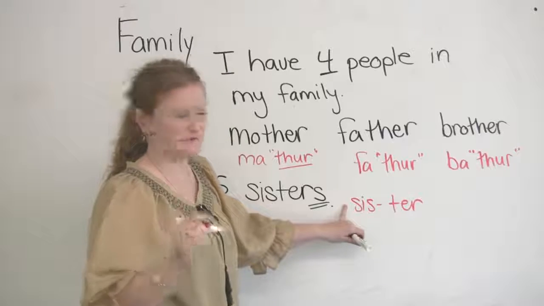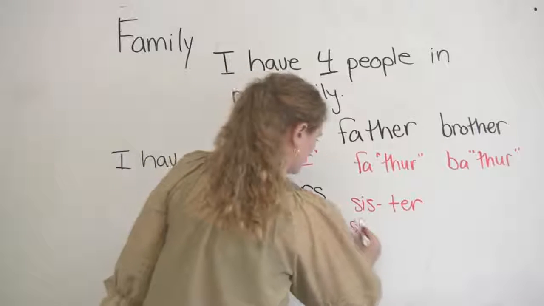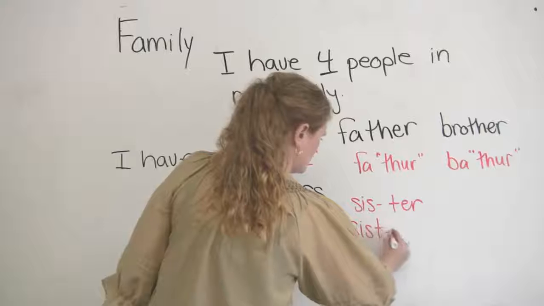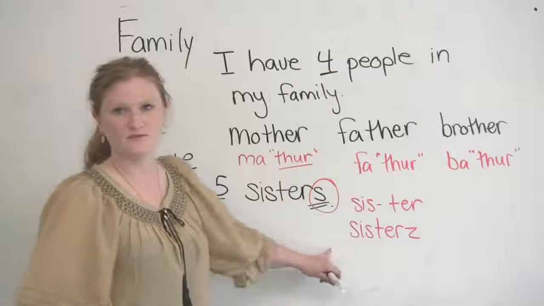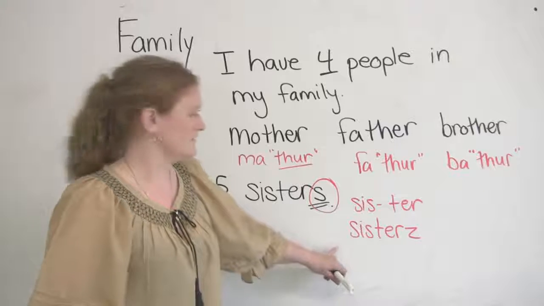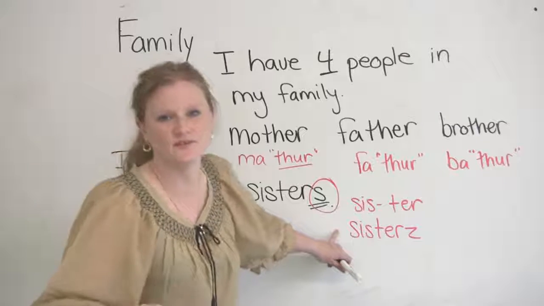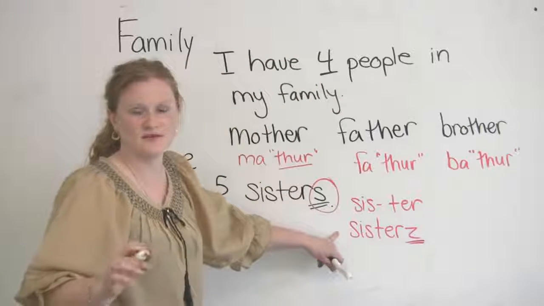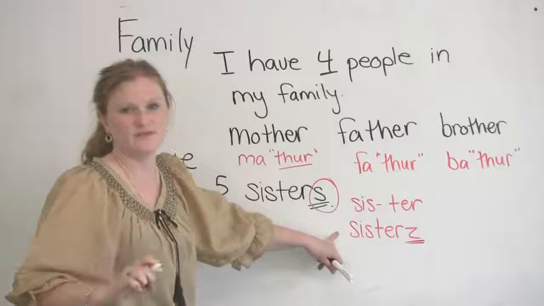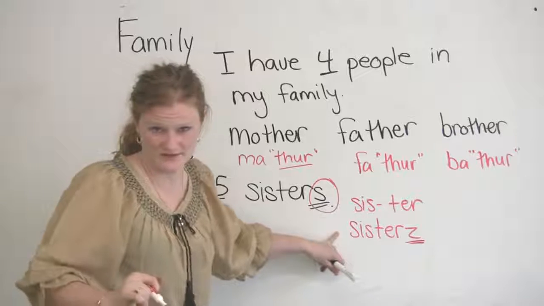Sister would be singular, and plural. We actually don't put an S sound on it, we put a Z sound. So I would say sisters. A lot of words in English use a Z sound at the end rather than a S sound. But that's a whole other lesson.